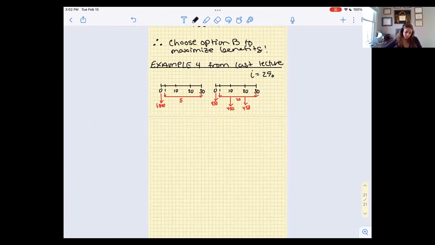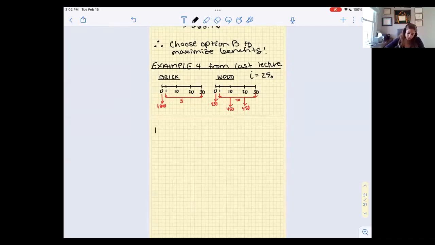This was the brick, and this was the wood. And we're trying to decide which option we should choose. In this case, we're going to practice future worth. So we want to bring everything out to the future.